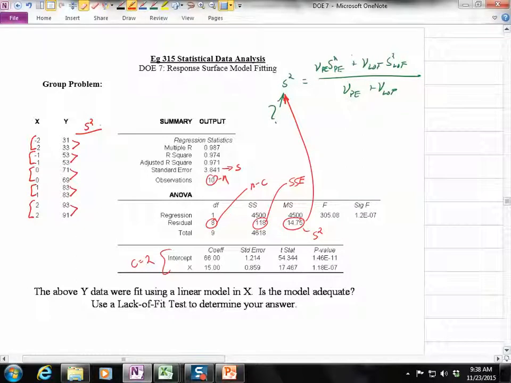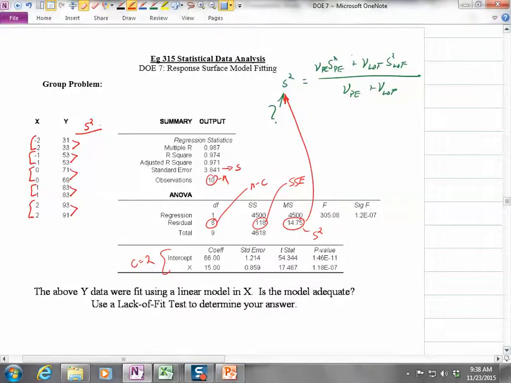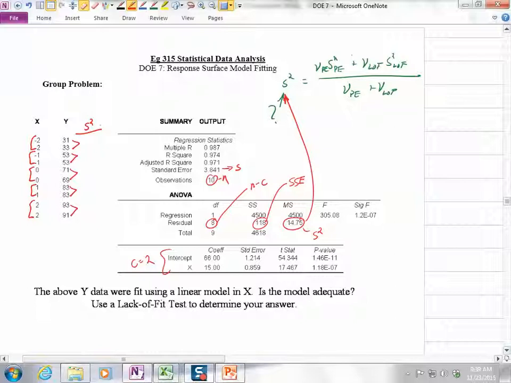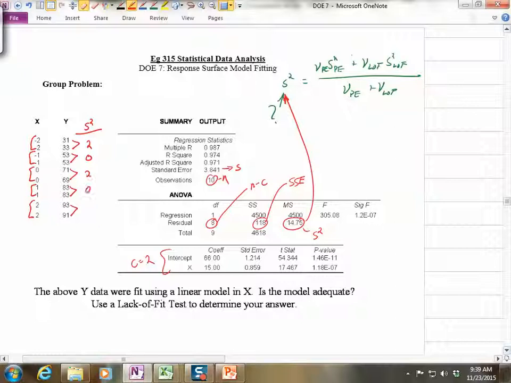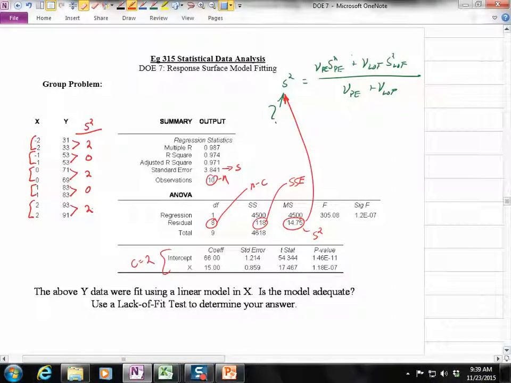Got it? Great. Questions? Okay. Did you guys get those 5 estimates of s squared at those areas of repeats?